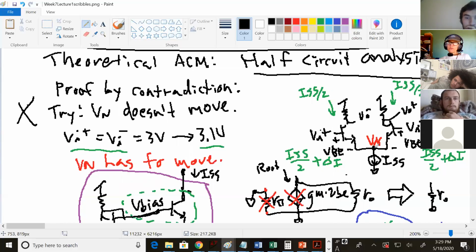But we did a kind of proof by contradiction that if Vin plus and Vin minus both go up, that node has to follow to keep ISS over 2 on both sides. If this node down here doesn't follow and you move Vin plus up, now this is going to conduct more current, and they're not going to sum to ISS anymore. So Vn moves just about the same amount as Vin plus and Vin minus. So this node has to move.